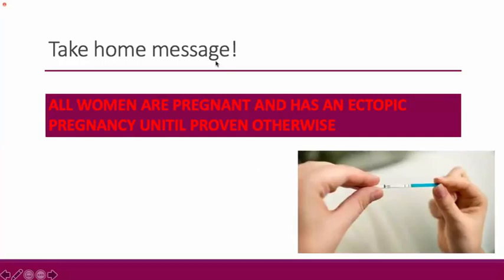Anybody coming with any period problem, you have to do a urine HCG, regardless of their marital status, whether they have achieved menopause or had never had a menarche. You always do a urine test, because for us, all women are pregnant and have an ectopic pregnancy until proven otherwise.